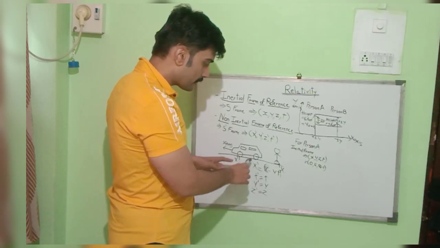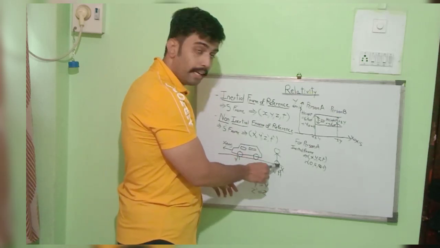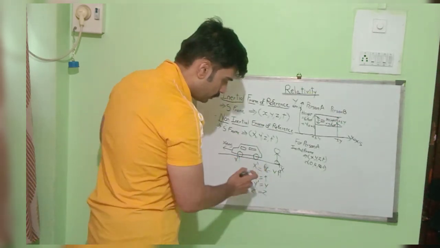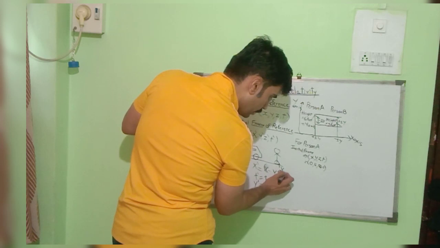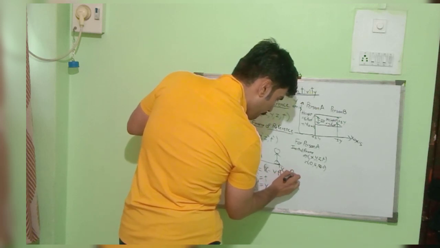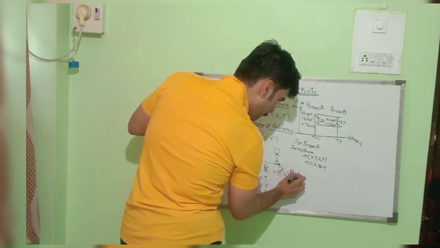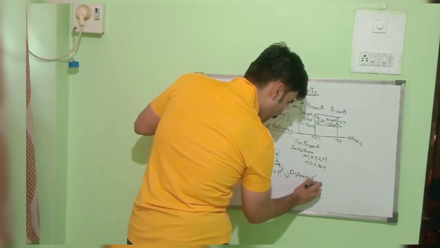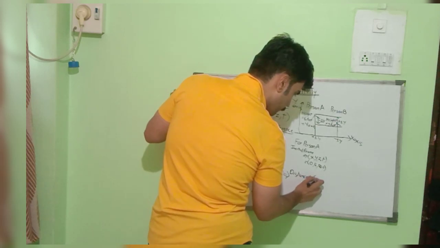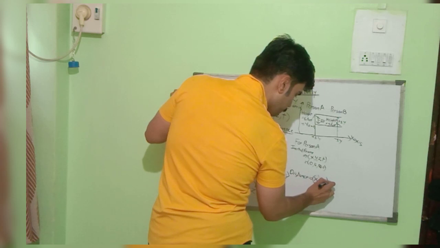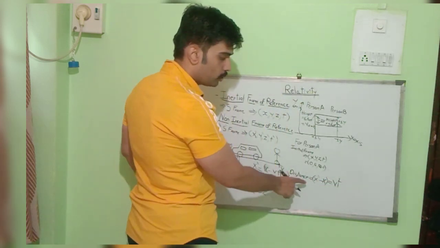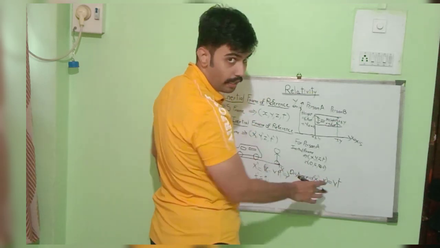As the car travels with velocity v and completes a particular distance in time t, this can be written as distance equal to x dash minus x is equal to vt.